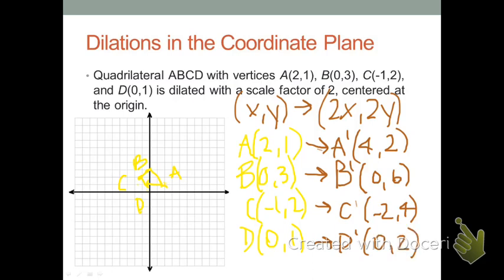So now we'll come back and we'll plot the points of our image. So A prime is at 4 2, B prime is at 0 6, C prime is at -2 4, and D prime is at 0 2.